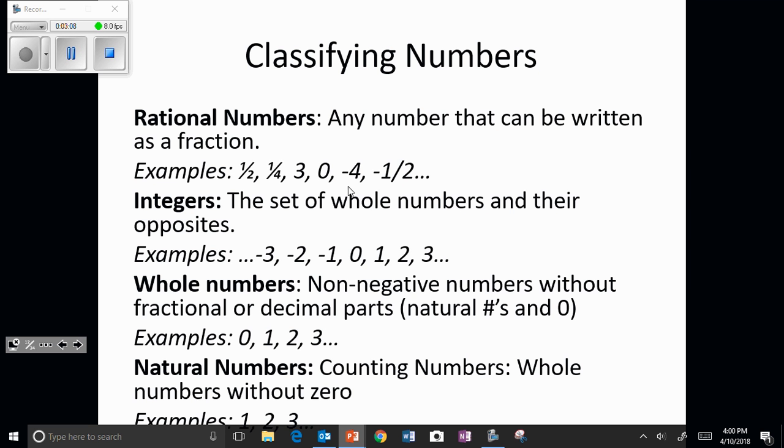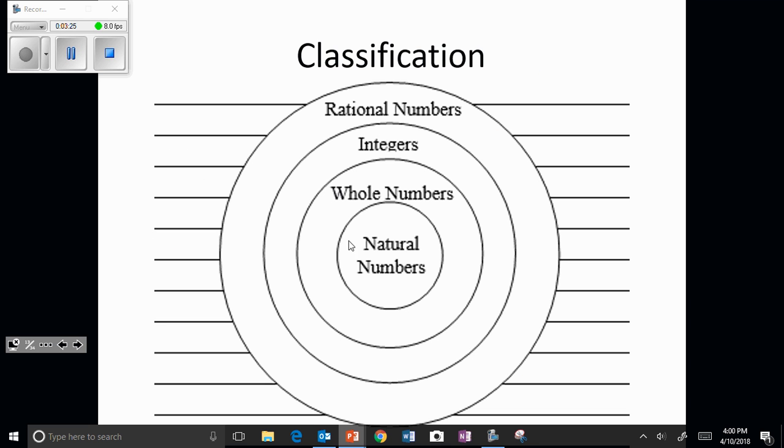Now, we're going to go and finish out that picture, that diagram that you have. Now, if you think about this, these numbers get more and more exclusive the further out you get, okay? So inside we have our natural numbers, okay?